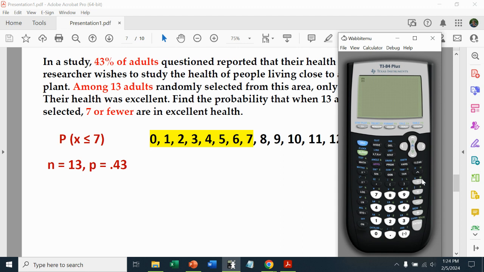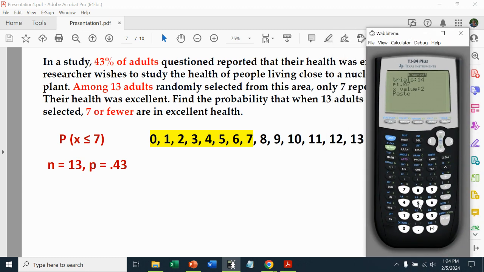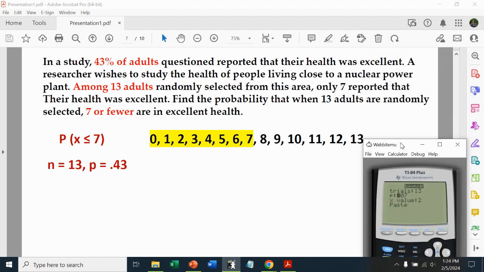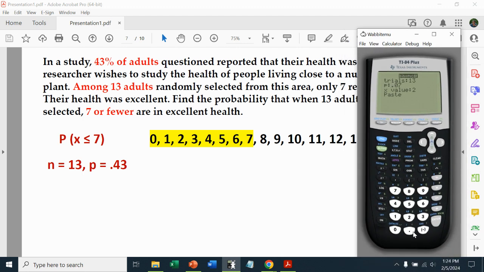All right, call my calculator up, clear this off. Cumulative. Second function, vars, binomial cumulative. Letter B. All right, so how many trials do I have? I've got 13 trials. Probability of someone being in excellent health, 0.43.